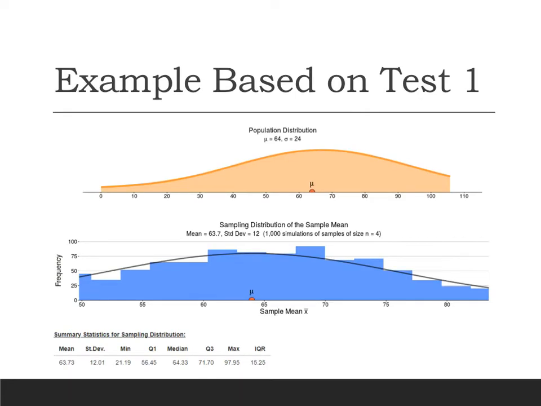We're going to start with an example based on test scores for test 1 from this semester. This is from all 3 classes, and it includes the bonus points that were added on if you took the test 1 addendum either in the testing center or online.